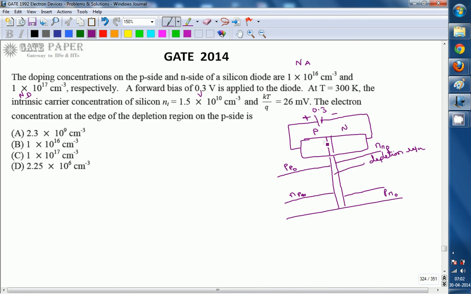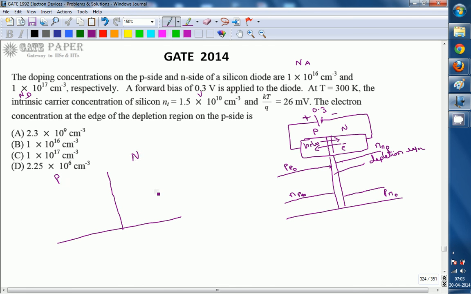Whenever forward bias is applied, electrons from the N side move in this direction, and holes from the P side move into the N side. So what is the effective electron concentration at the edge of the depletion region on the P side? Are you understanding this? Let us assume this situation: electron concentration on the P side and N side.